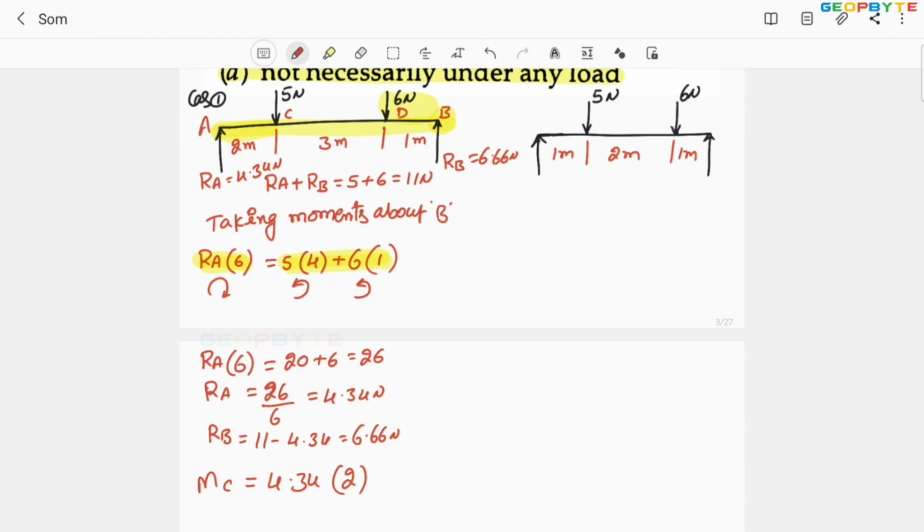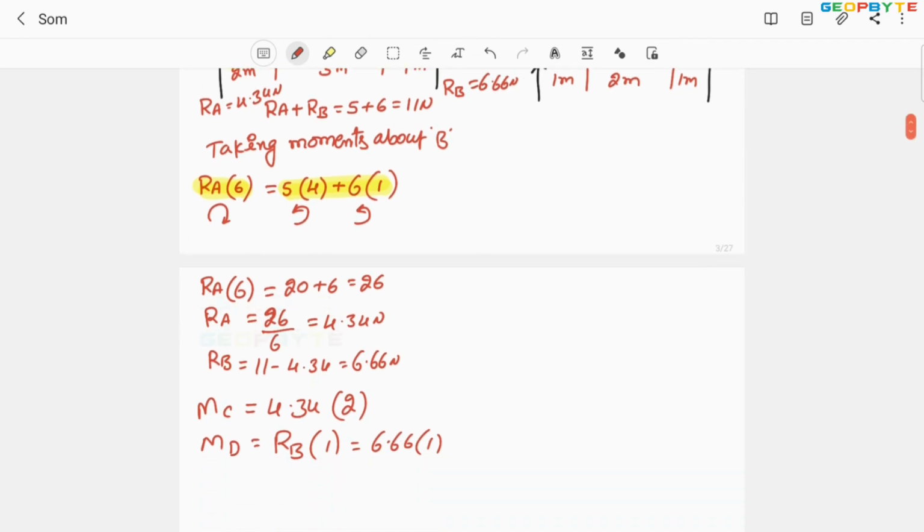Similarly, bending moment at D equals RB into this distance, so it is RB into 1. RB is 6.66, so 6.66 into 1 equals 6.66 Newton meter, whereas the first one, 4.34 into 2, the answer is 8.68 Newton meter.